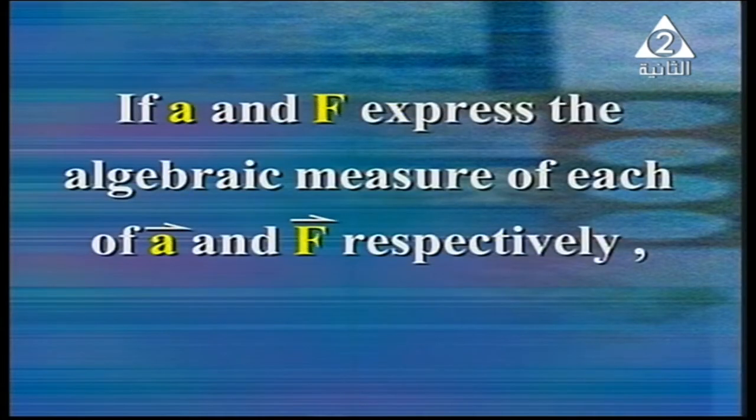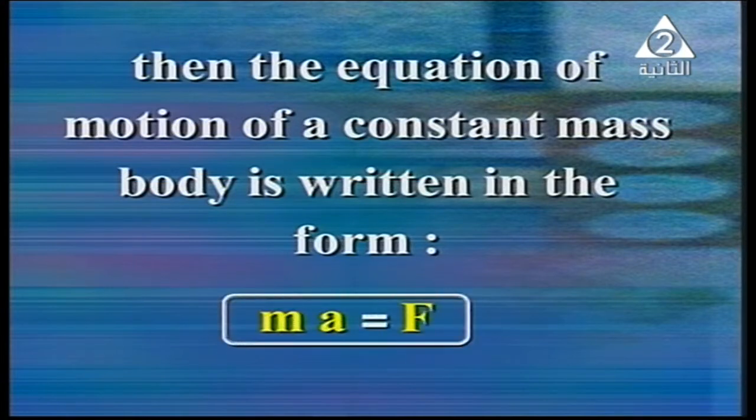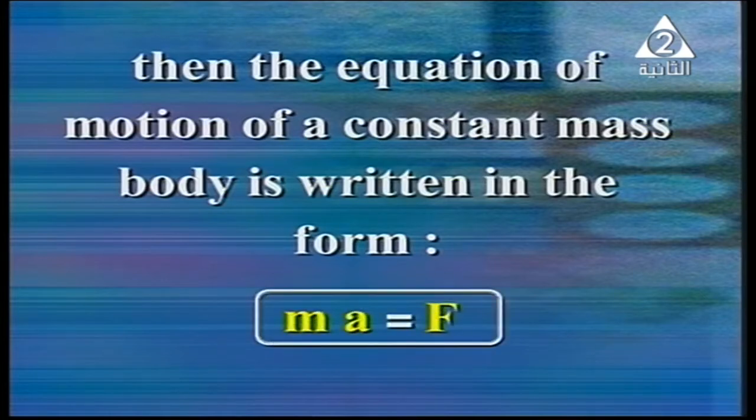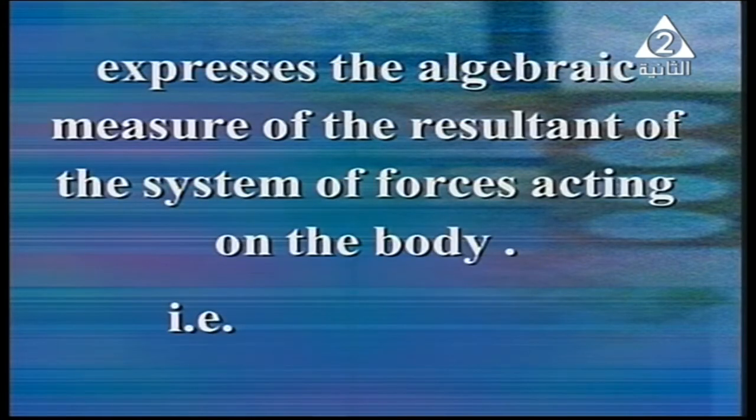If a and F express the algebraic measures of a and F respectively, then the equation of motion of a constant mass body is written in the form ma equals F, where m is the mass of the moving body, a is the acceleration of motion, and F is the algebraic measure of the resultant of the system of forces acting on the body.